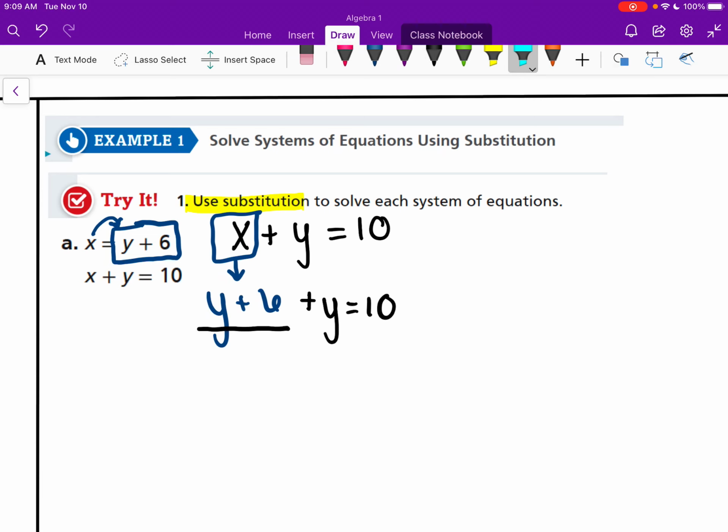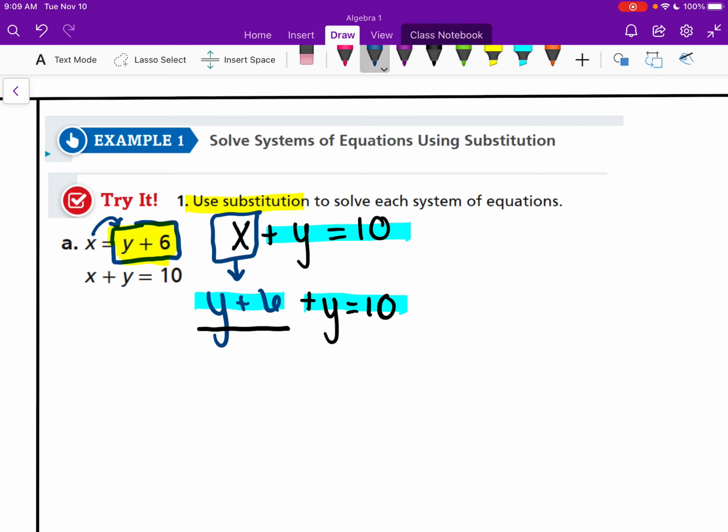Notice this is still the same equation, x plus y equals 10. The only thing that happened is we replaced x with what the problem told us x was equivalent to. And now we can work to solve this equation.